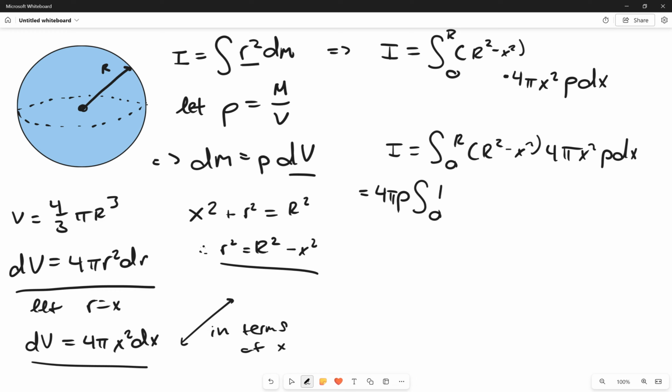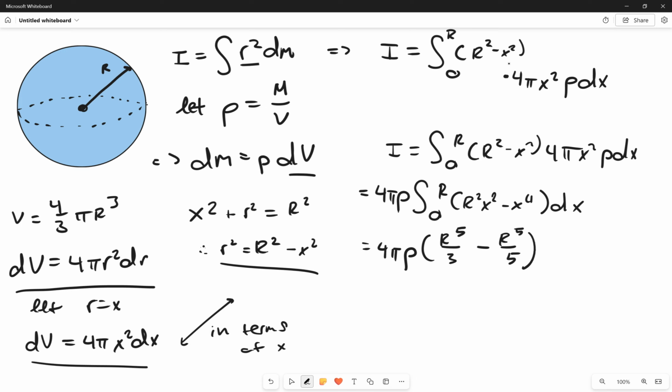From 0 to R of R squared x squared minus x to the 4th dx, and by the fundamental theorem of calculus, this just becomes R cubed, R to the 5th over 3 minus R to the 5th over 5, which we can simplify. If we do that, which is just 4 pi rho, this is multiplied by 5 by 3, and that's just 2/15 R to the 5th there.